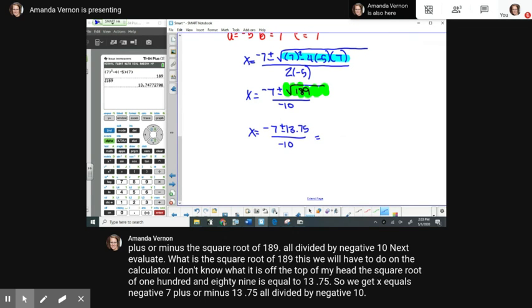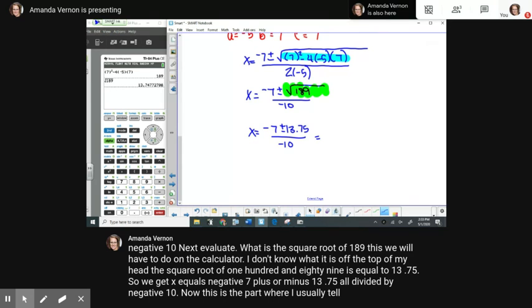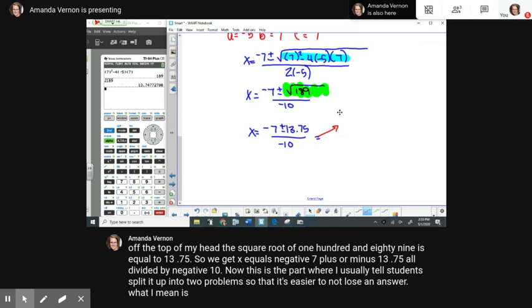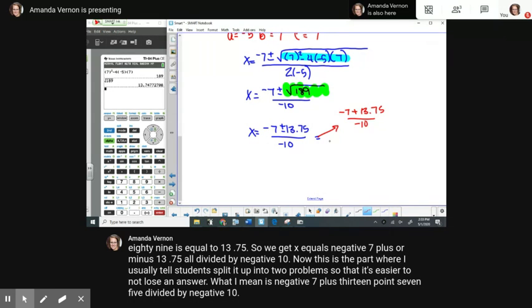Now, this is the part where I usually tell students, split it up into 2 problems so that it's easier to not lose an answer. What I mean is -7 plus 13.75 divided by -10 and -7 minus 13.75, all divided by -10.